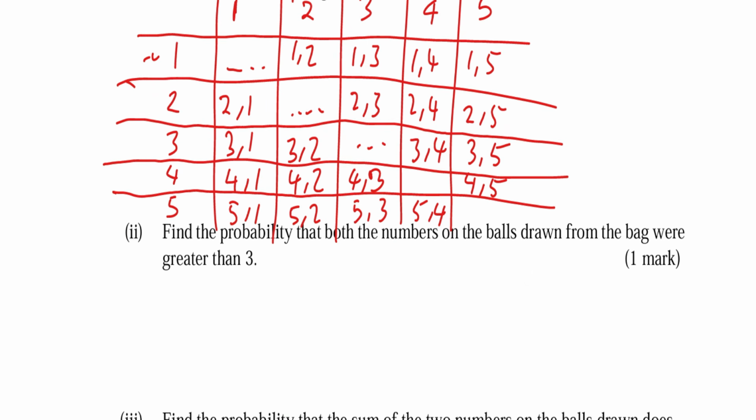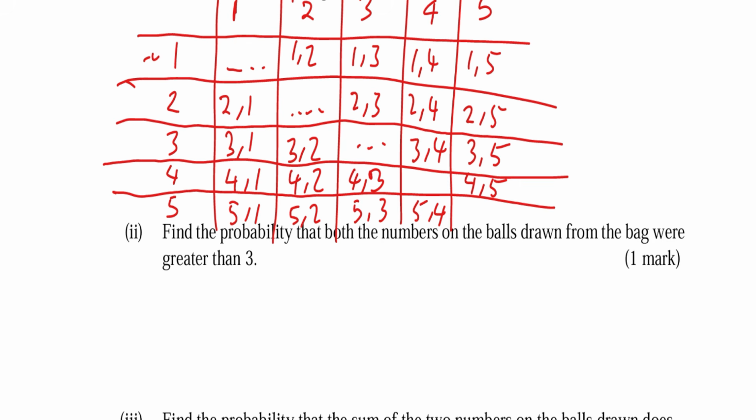Question Roman 2: find the probability that both the numbers on the balls from the bag were greater than 3. This is a very tricky question, because someone in a hurry will add these two and say, okay, 1 plus 2, 3, not greater than 3. 1 plus 3, no. But what it is saying is that both the numbers on the balls drawn were greater than 3.